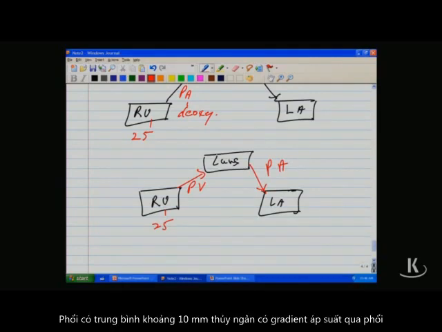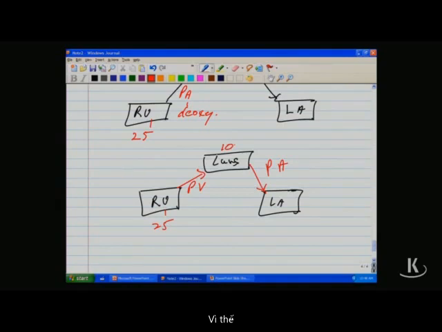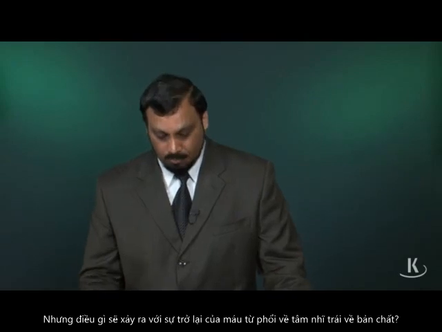The lung has an average of about 10 millimeter mercury of pressure gradient across the lung. Therefore, it will be very easy to pump blood from high to low pressure. But what will happen to the return of blood from the lung to the left atrium?